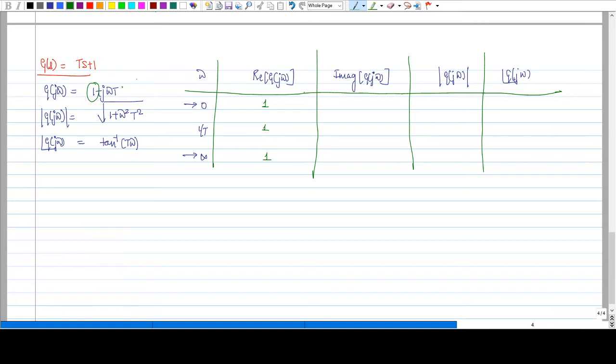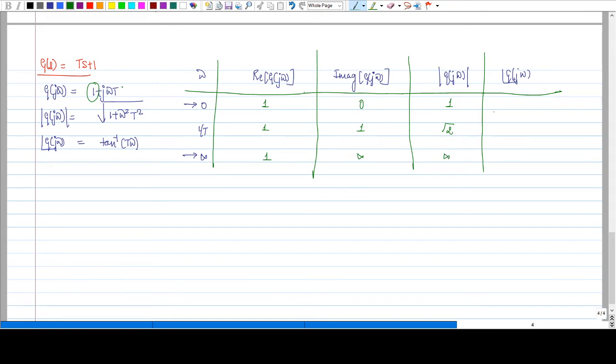Next we have to look into the imaginary part. When ω tends to 0, the imaginary part tends to 0. When ω tends to 1 by T, the imaginary part tends to 1. And when ω tends to infinity, the imaginary part will also tend to infinity because it is directly proportional.